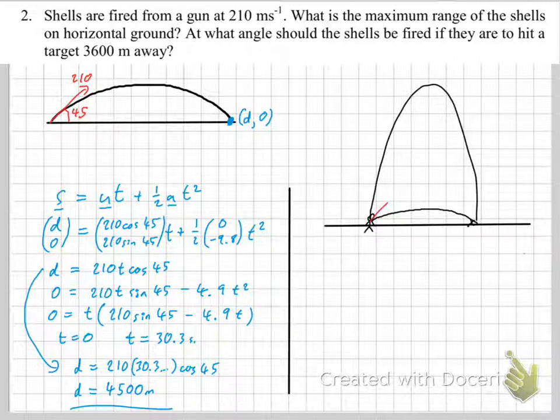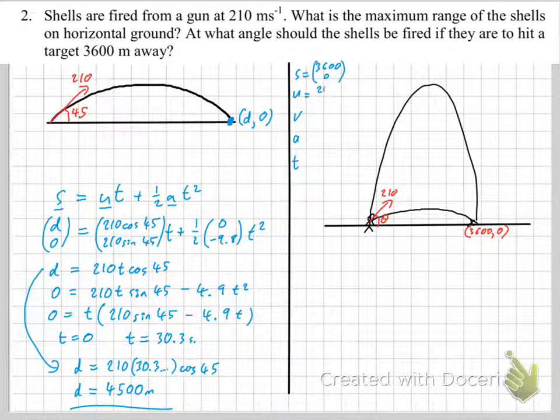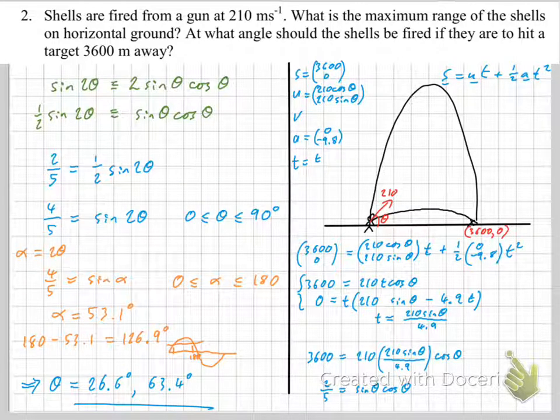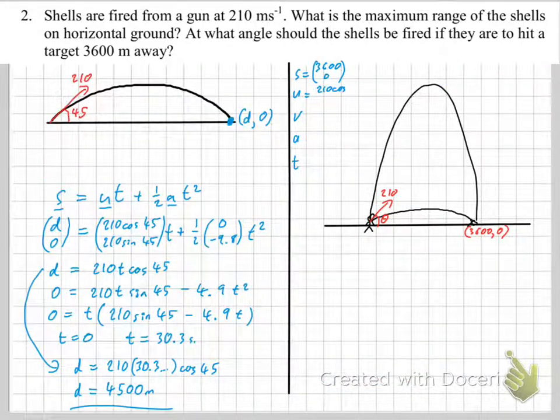So let's set things up. Same as before, 210, we've got theta this time, unknown. Trying to hit this point over here, 3,600, 0. Set up your suvat. I'm doing it up here. Nothing untoward here, but of course we've got theta.